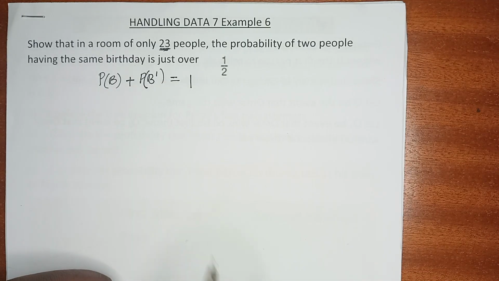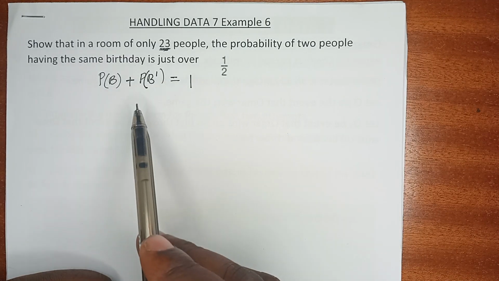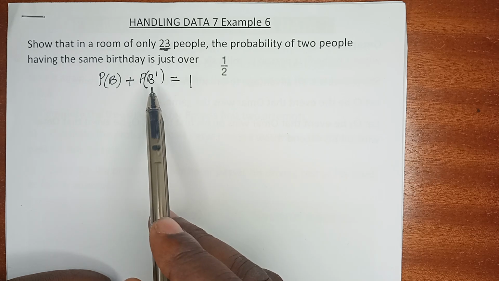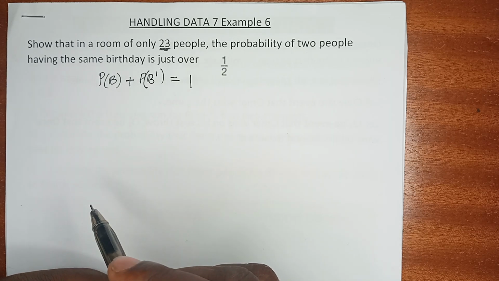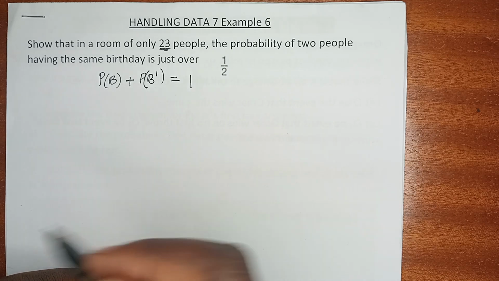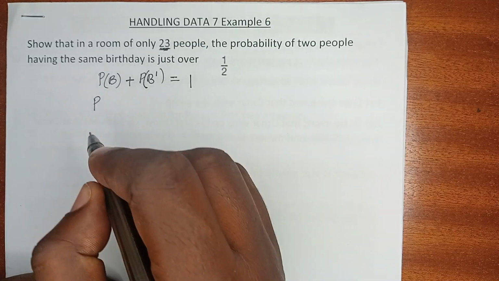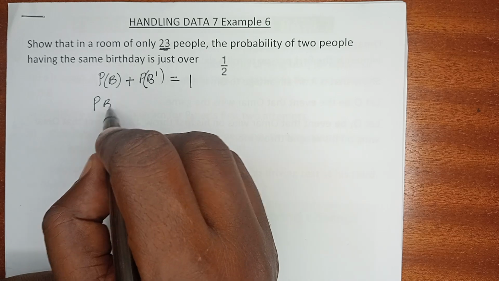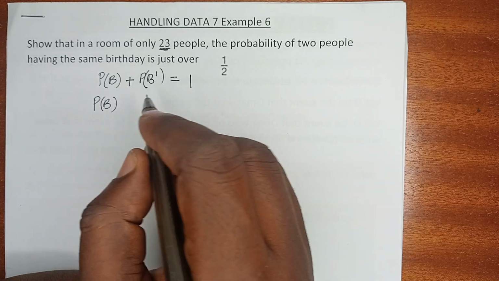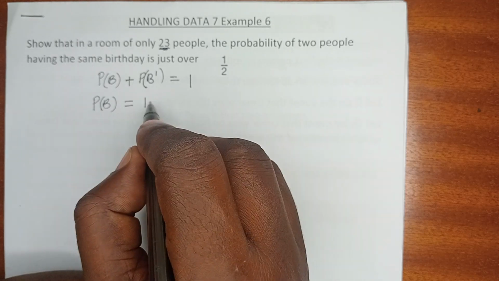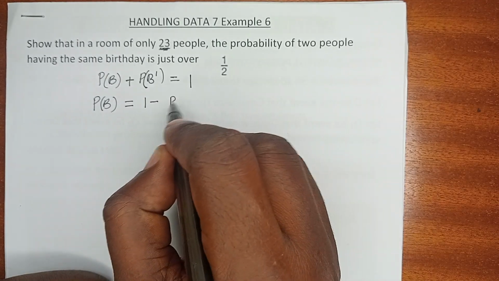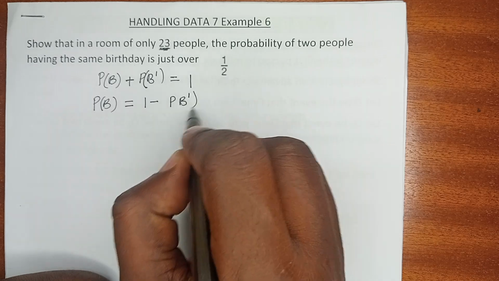The probability of an event happening plus the probability of an event not happening is 1. That means the probability of 2 people sharing a birthday is equal to 1 minus the probability of not sharing a birthday.